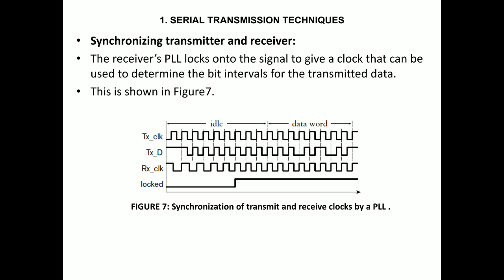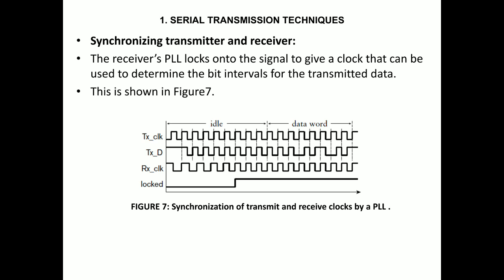The figure is showing synchronization of transmit and receive clocks by a PLL. You can see there are two states, idle state and data out state. Idle state means the receiving signal is not yet received. At the data out state, the receiver will be receiving the complete clock signal. Here there is a transmission clock and transmitting data signal waveform, a receiving clock waveform, and a phase lock loop waveform.